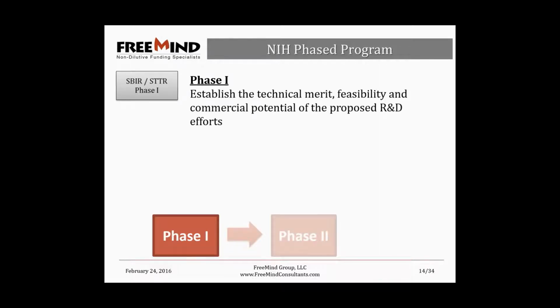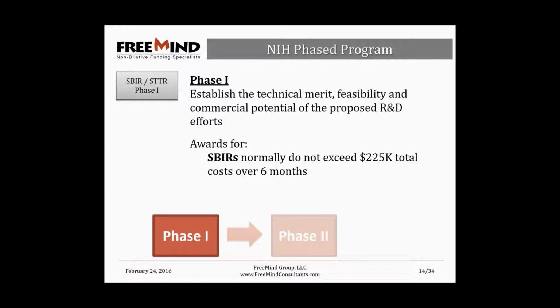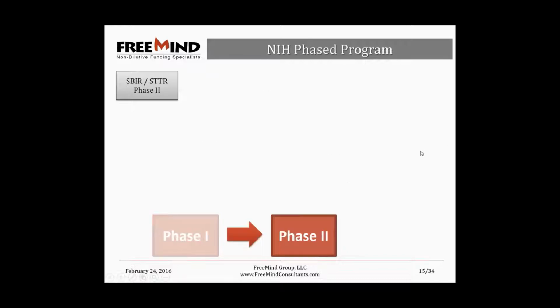The goal here is to establish the technical merit, feasibility, and commercial potential for the proposed R&D efforts. The awards are for, first of all, for the SBIR, they normally do not exceed $225,000, and the project's duration is usually 6 months. For STTR, again, cannot usually exceed $225,000, and the duration of the project is usually a year.